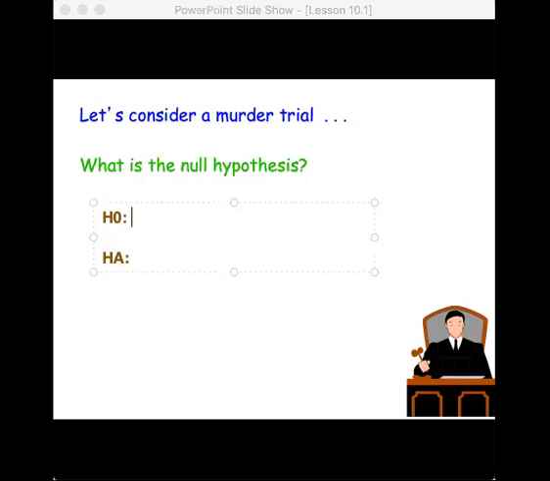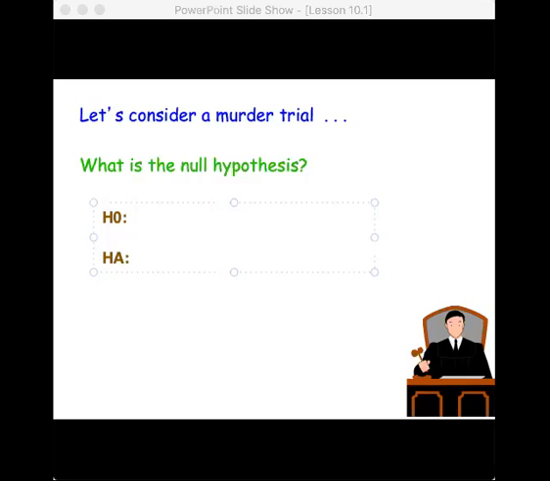The null hypothesis is what we presume initially. So Seth, what do we presume about you initially, before we even gather evidence?